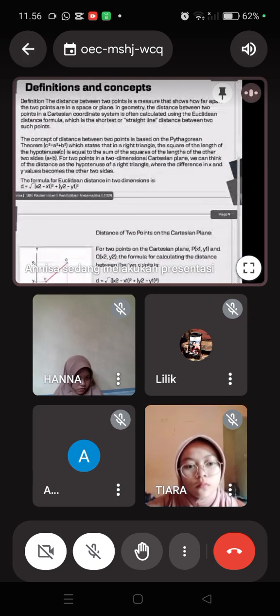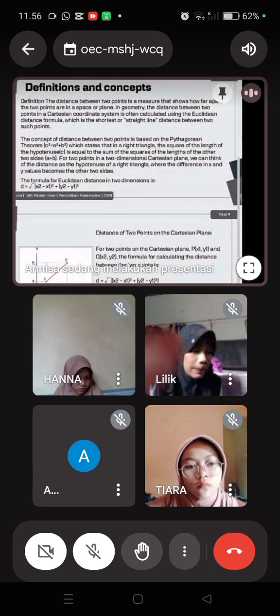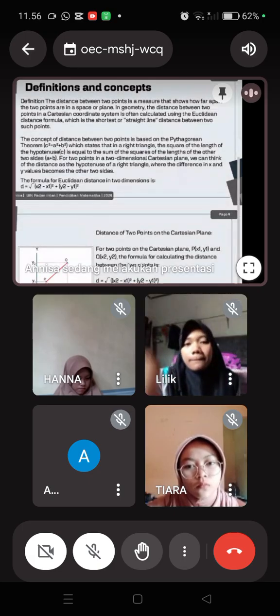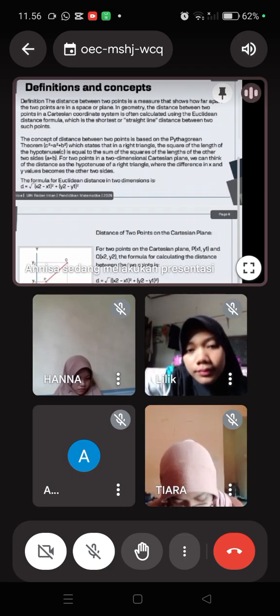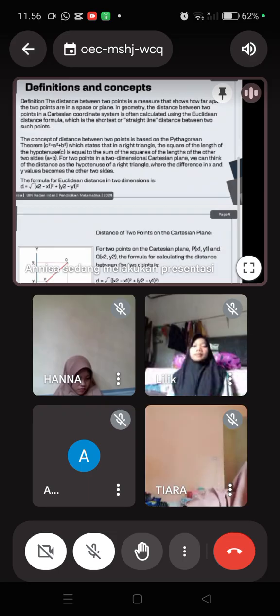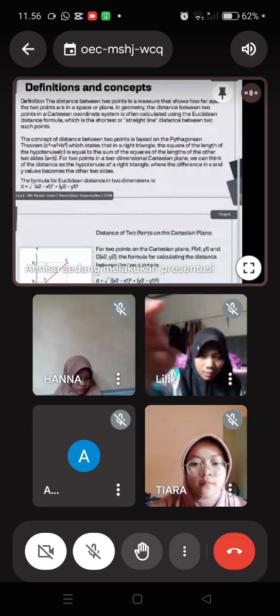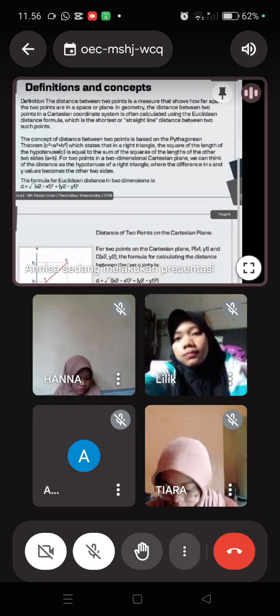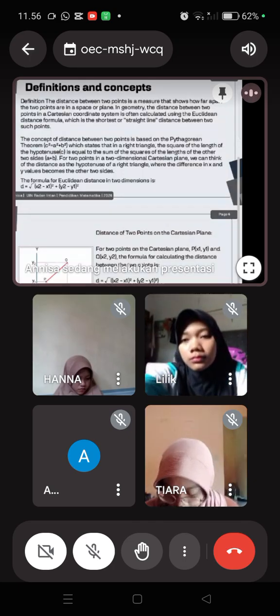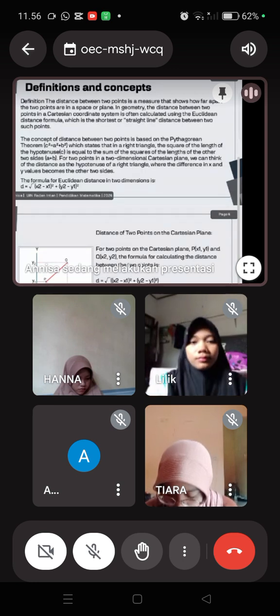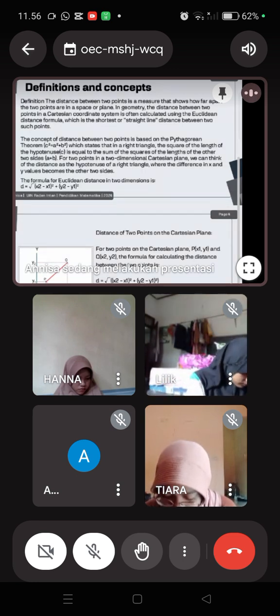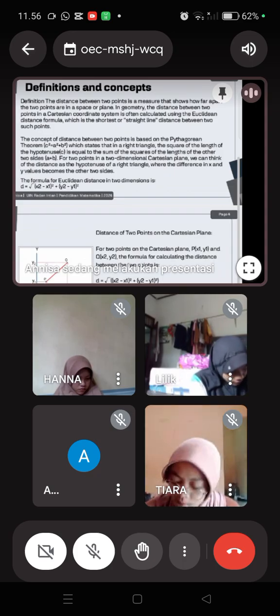The concept of distance between 2 points is based on the Pythagorean theorem. As we know, c squared equals a squared plus b squared, which states that in a right triangle, the square of the length of the hypotenuse c is equal to the sum of the squares of the lengths of the other two sides, a and b.